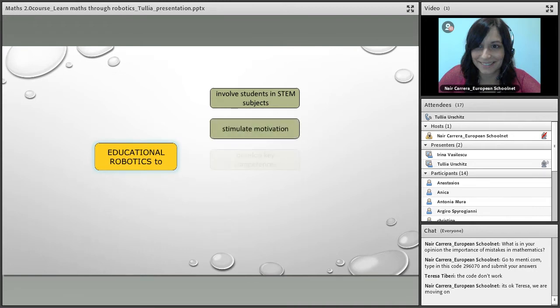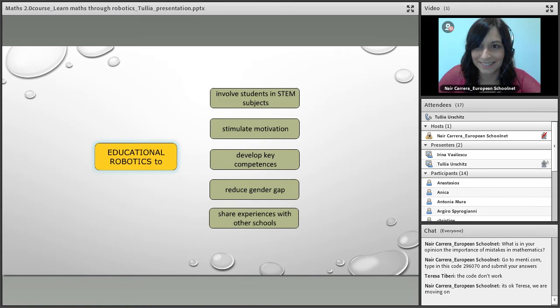Something that maybe many people know, because it is related with robotics in general, is that you can use robotics to involve students in STEM, to stimulate motivation, develop key competencies, reduce the gender gap, because as robots are related with games, students are more eager to try, and girls usually are afraid, even if they are very good in studying.